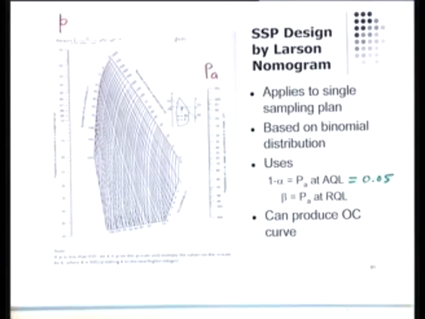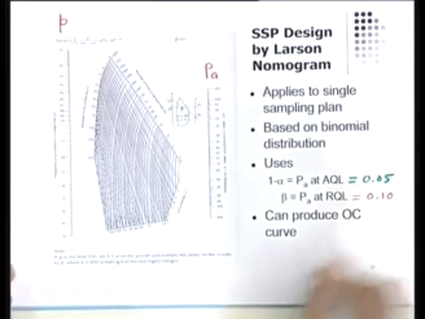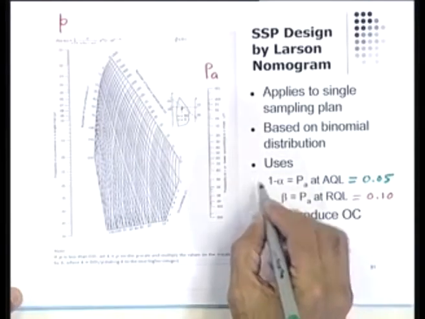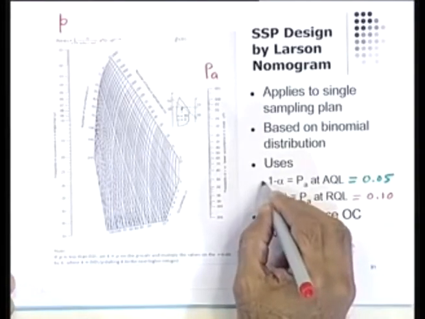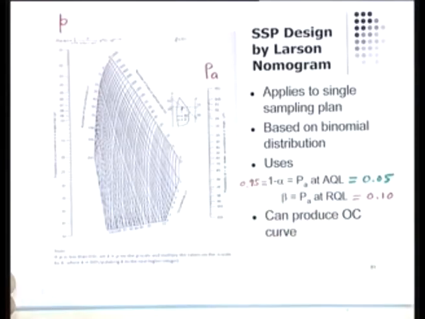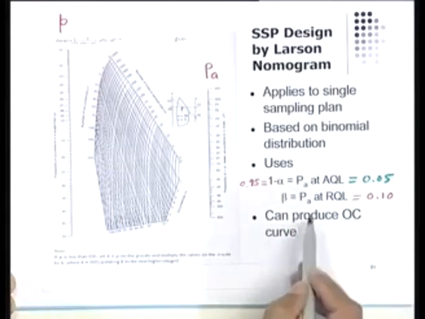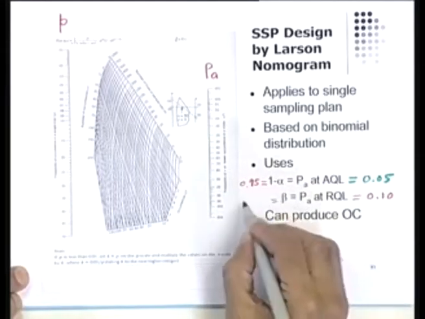And let's make the value of RQL equal to 10%, which is 0.10. And let's put these two risks. Alpha is going to be 5%. Therefore, 1 minus alpha is going to be 0.95. And the value of beta, let's make it 10%. So this is going to be 0.10.